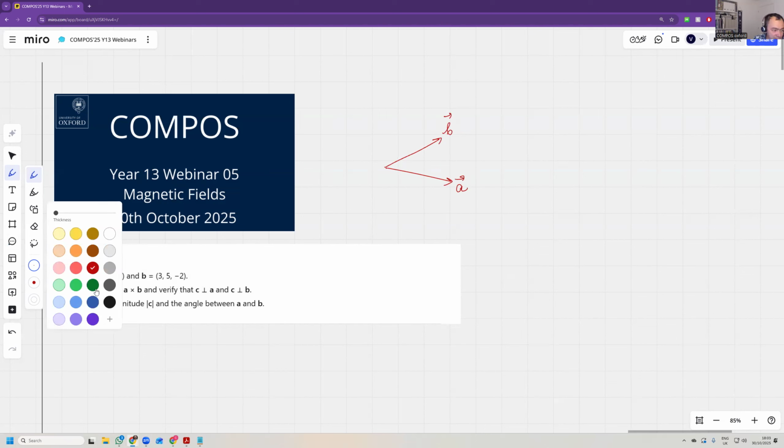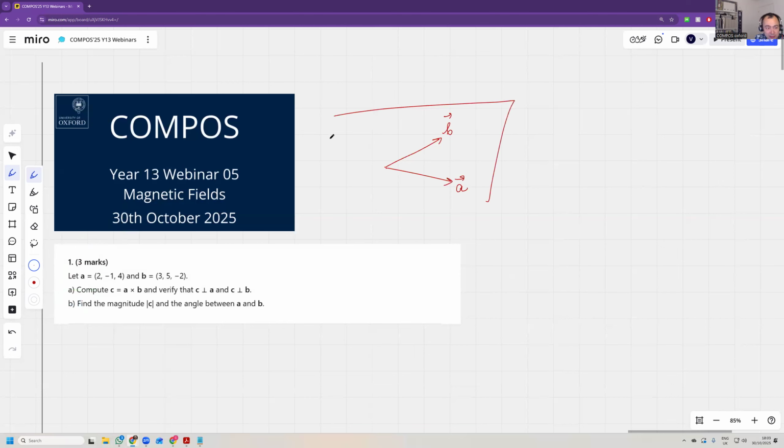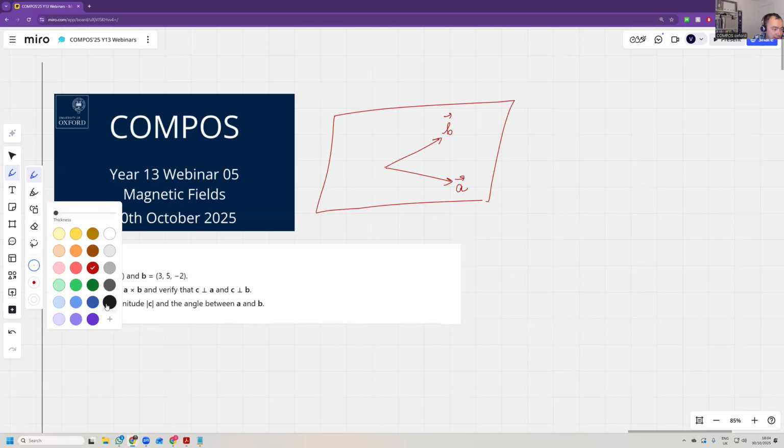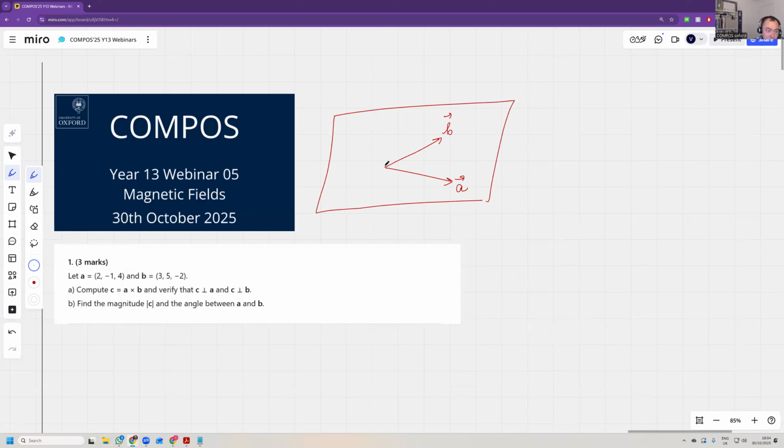The cross product is, so let's say that these two vectors lie in this plane. The cross product is a vector which is perpendicular to both vectors.